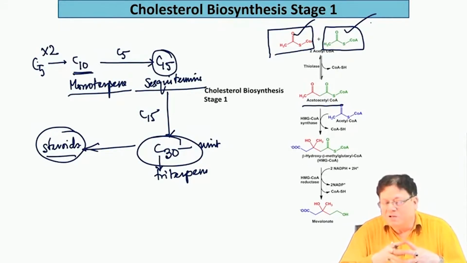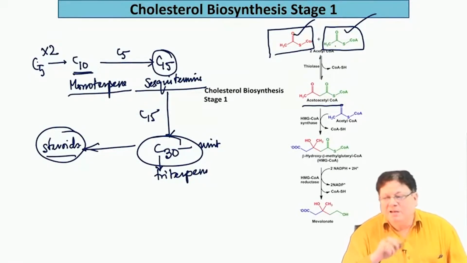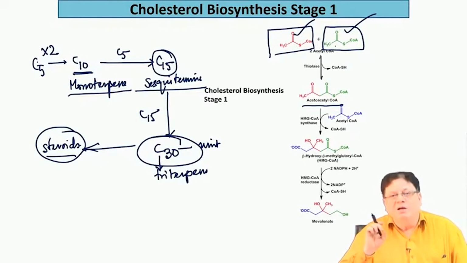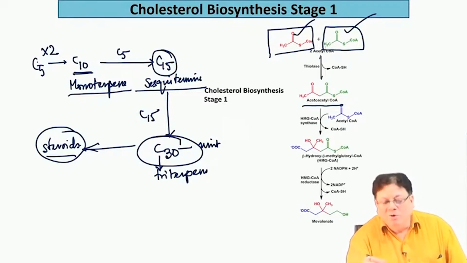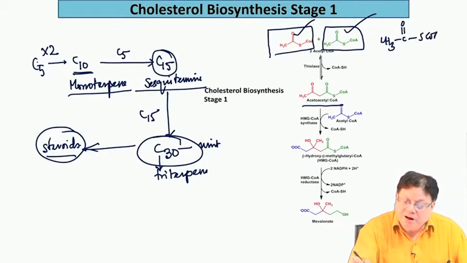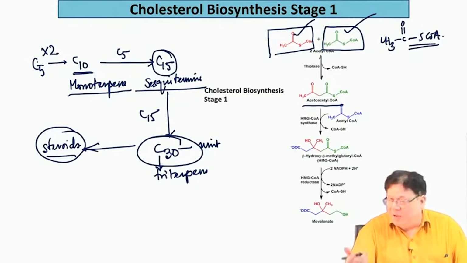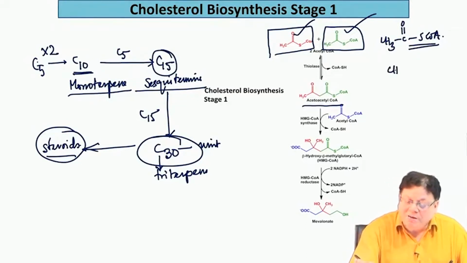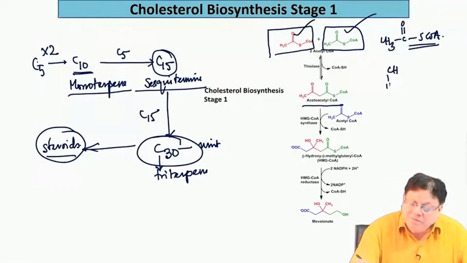What happens is that there are bases. Basically this is an ester, that is an ester. So, ultimately you need a base, so that one goes to the enolate and the enolate then comes and attacks the carbonyl. I write that. You have CH3 CO SCoA, thioesters are usually very labile, and the other part has a hydrogen here, CH2 CO SCoA.